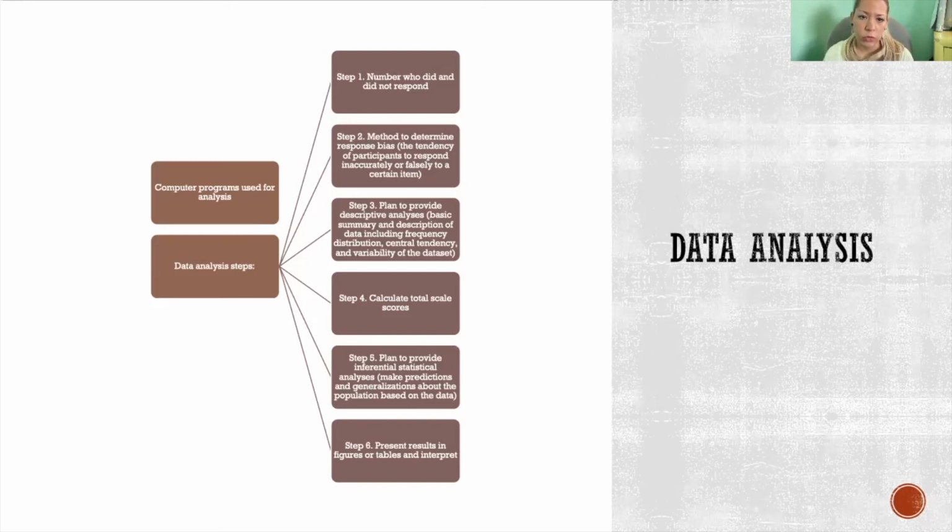And then step 2, you need a method for determining response bias. So is there a certain item on your survey where maybe you expected a certain response or a certain range of responses, and it seems like more people than should have answered a certain way on that question?